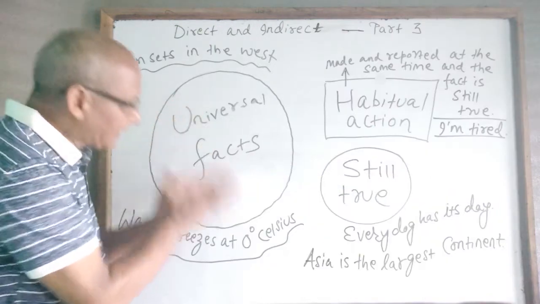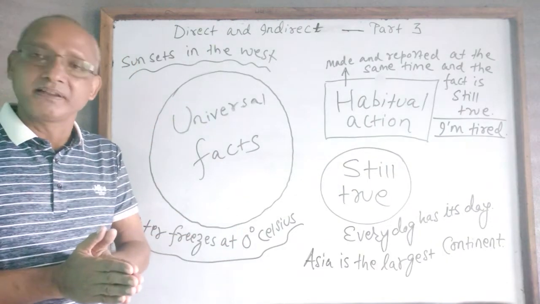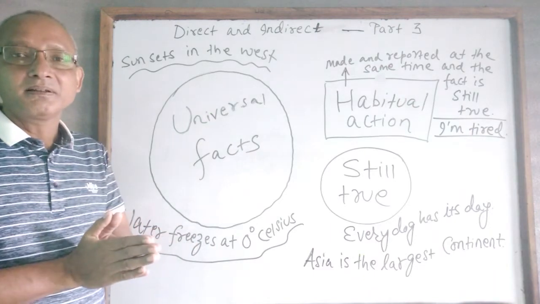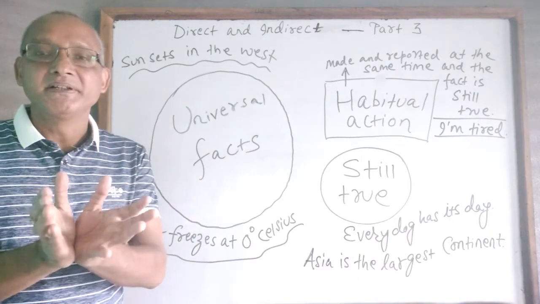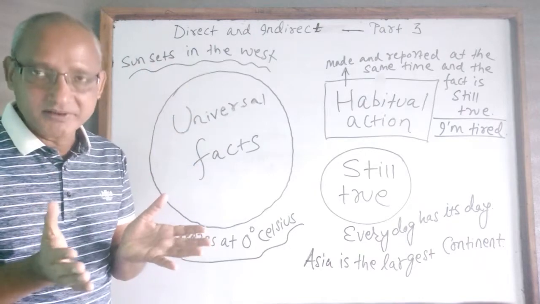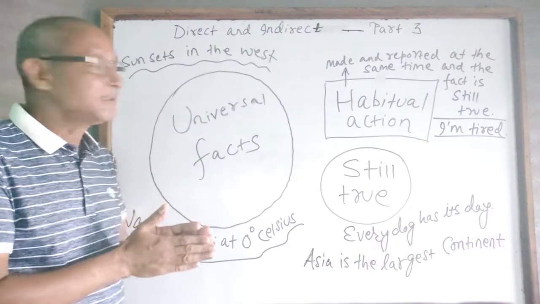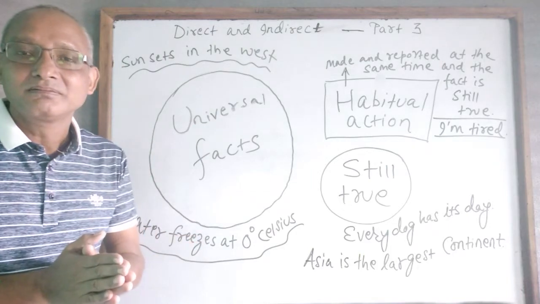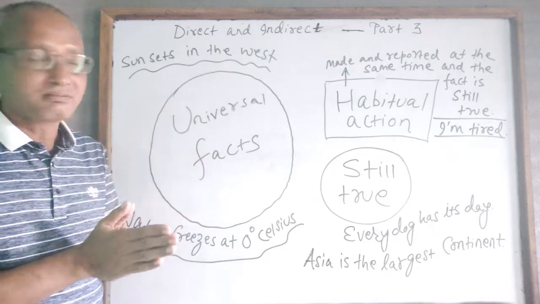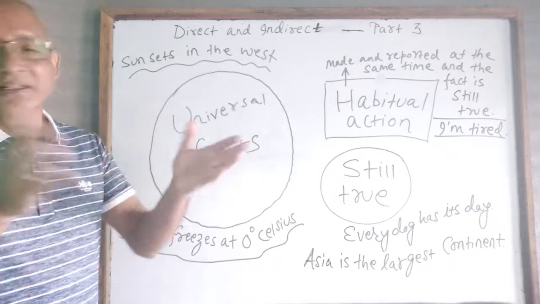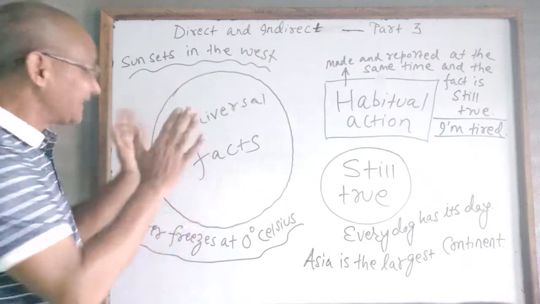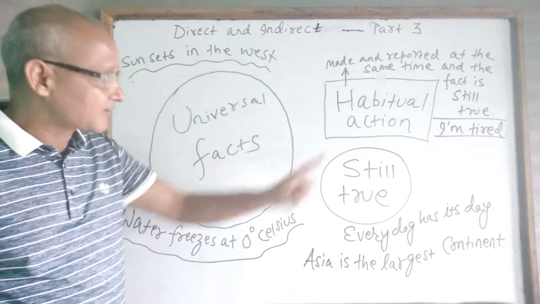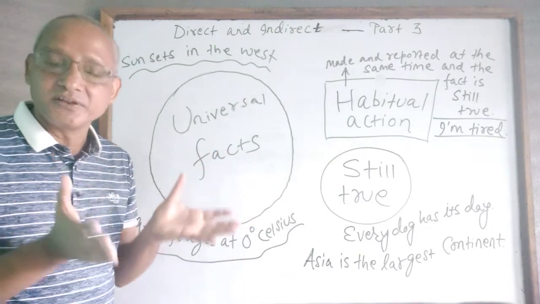We are at the end of the direct and the indirect speech, and finally a little bit of a burden is off our shoulders when we come to know that there cannot be any changes from direct to indirect in cases of universal facts, habitual action, and the thing which is still true.